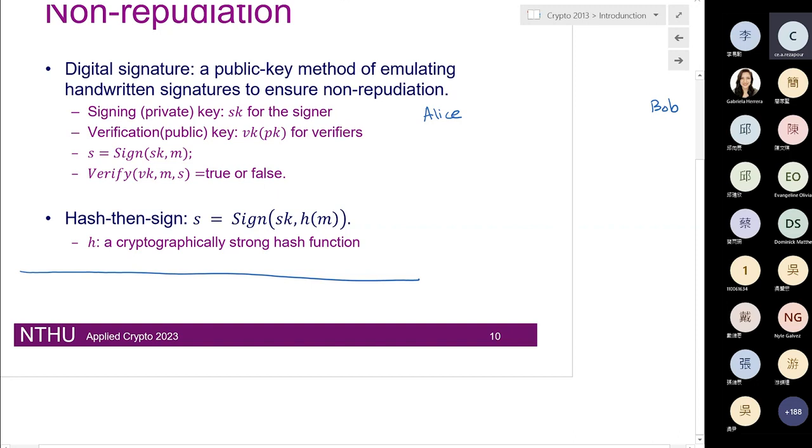But the definition of them, we would change a little bit so that it is easier to understand. Instead of Alice having a public key, we say that Alice has a verification key, which is the same as a public key, but we want to use verification key to make it clear that this is going to be used for digital signature. So this is for Alice, and we have the secret key for Alice again.